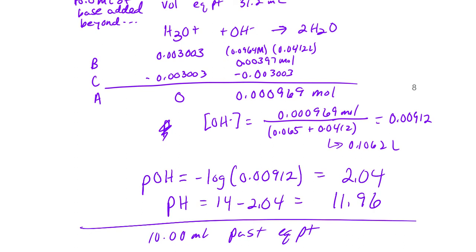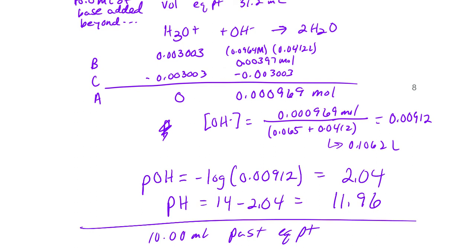If you think about that, we've added 41.3 milliliters of base. 31.2 of those have reacted with the acid. There's no acid left over. 10 mils are unreacted. But we don't care about that. We want to know moles. And then to get total volume.